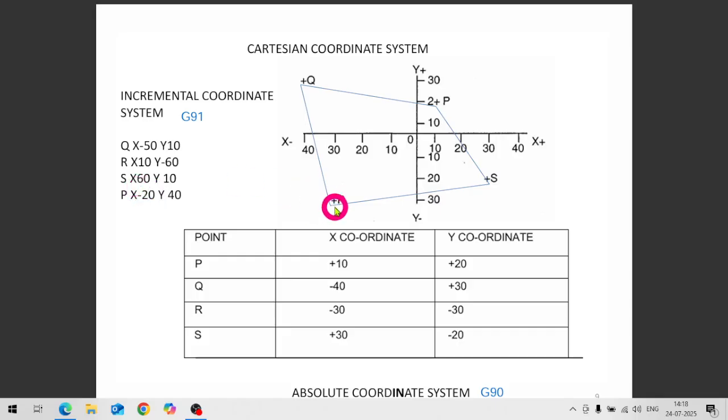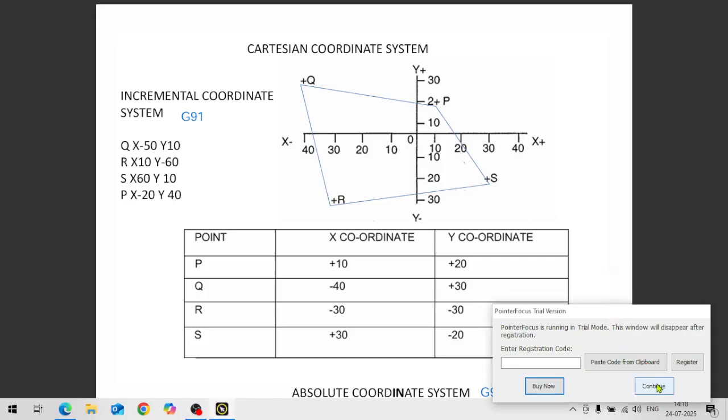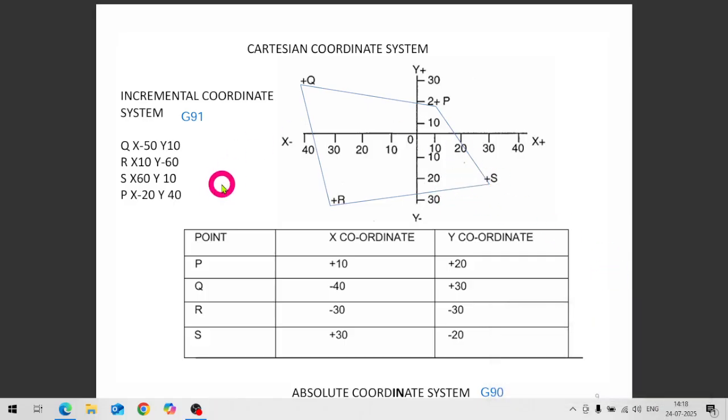In the Y axis, it is at minus 30 and it is at minus 20, so the difference is 10 mm, and because it is above in the Y axis, this will be positive.